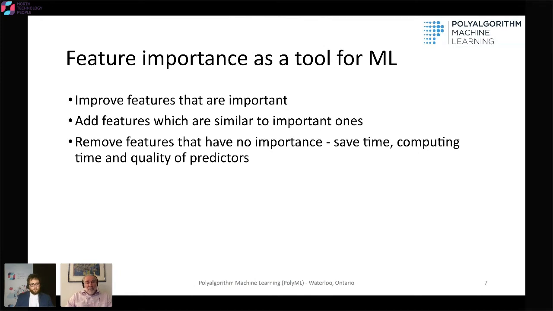And also, we all know that if we have a problem with lots of features which are not relevant, many of the algorithms will suffer quite a bit in producing good predictors, or will take at least a lot longer to produce good predictors. So the quality of the predictors is also affected if we introduce somehow random data. So it's a good idea to remove it.